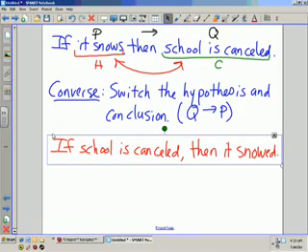So what we've come up with is something called a counterexample. This is an example that is counter to the statement. We only need one of them to prove that this is a false statement. So, if school is canceled, then it snowed. That's a false statement. It may have rained too hard.